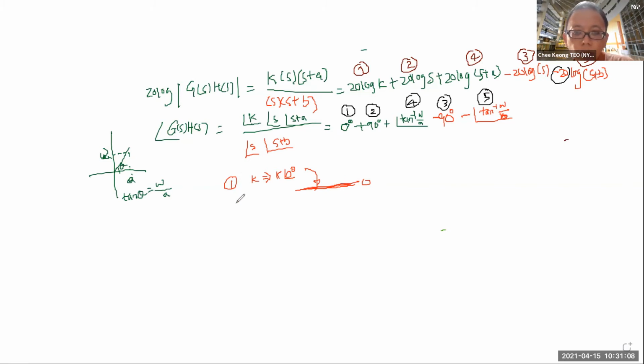So form 2 and 3 are for S and minus 1 over S, right? S is basically 1 with 90 degrees, right? Minus 1 over S is actually 1 over 90, which is 1 minus 90 degrees. So one of them is plus 90, one of them is minus 90.